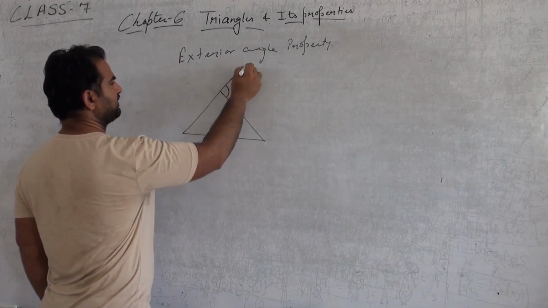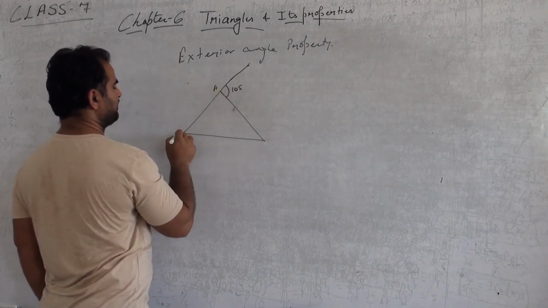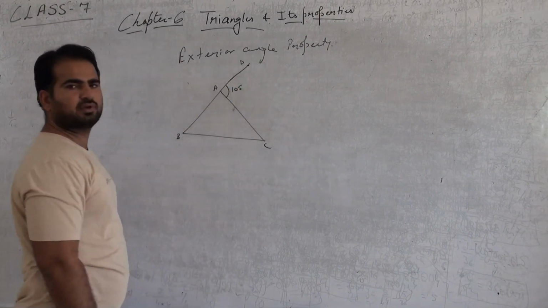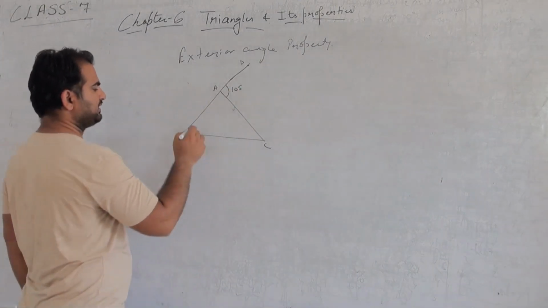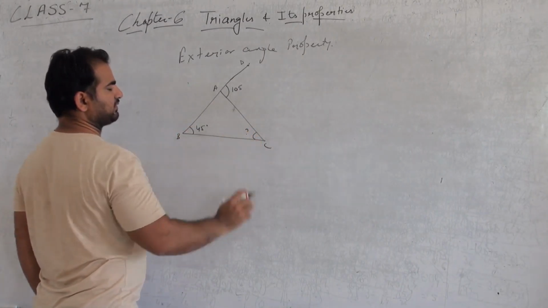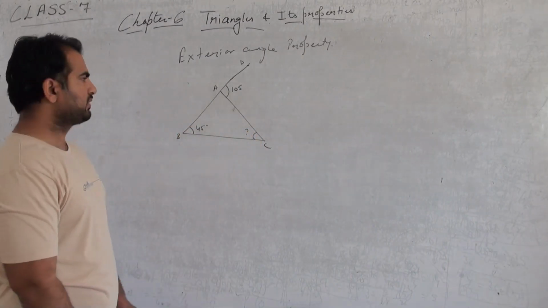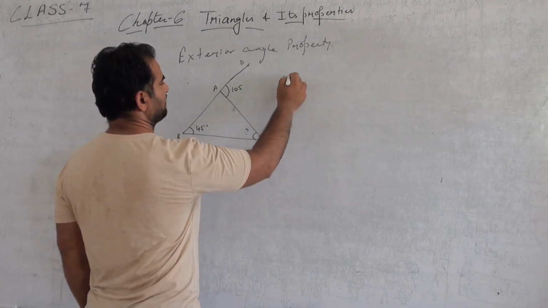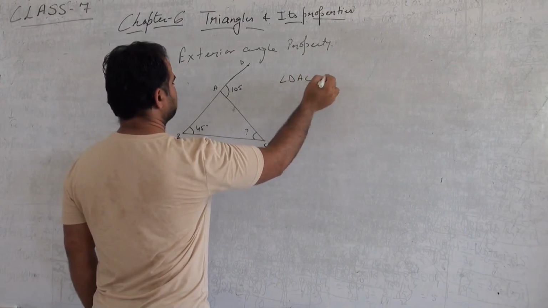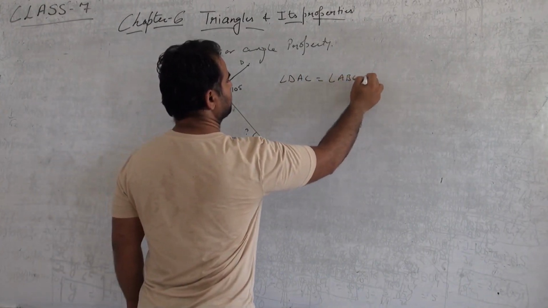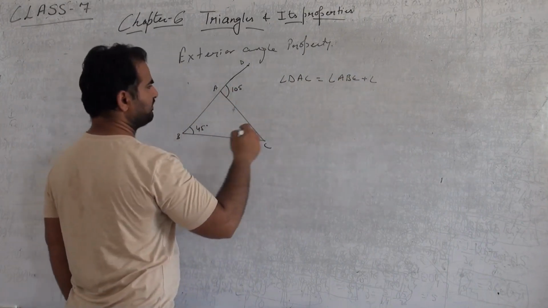Let it be A, B, C and that point D. And this angle is given as 45. What is the value of this angle? As we know, angle DAC is equal to angle ABC plus angle ACB.